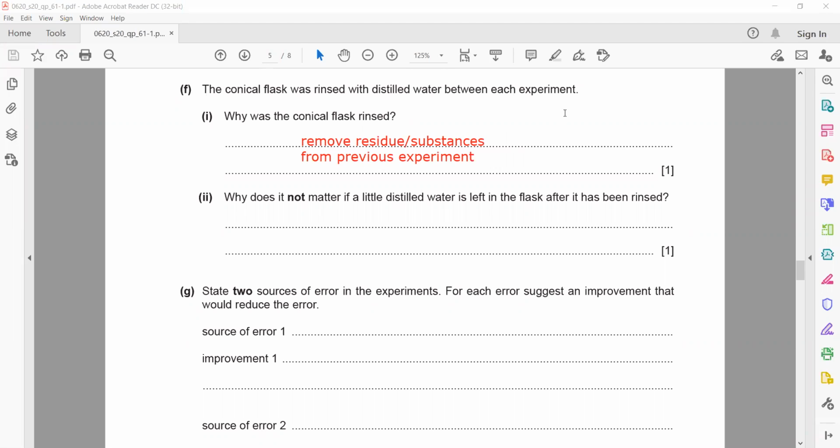Why does it not matter if a little distilled water is left in the flask after it has been rinsed?